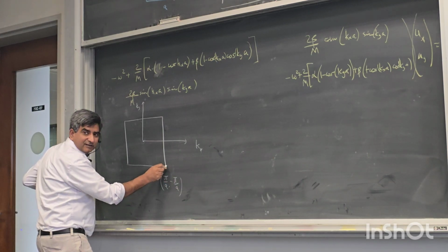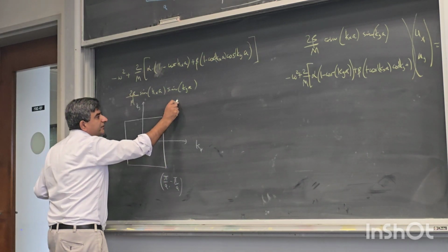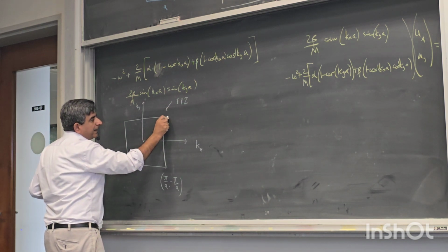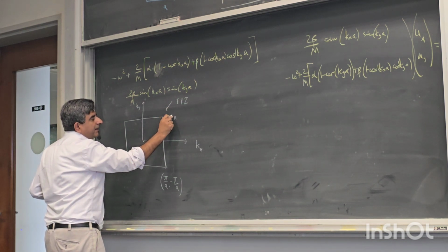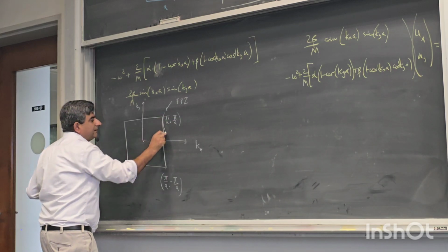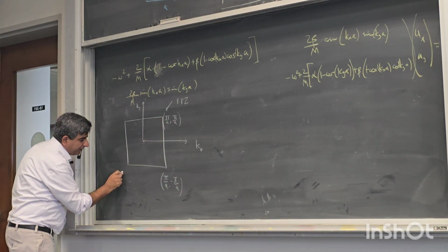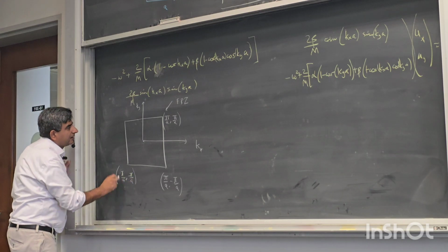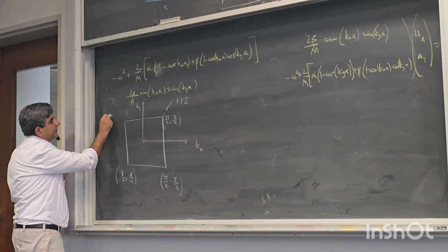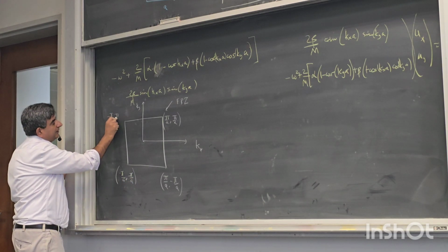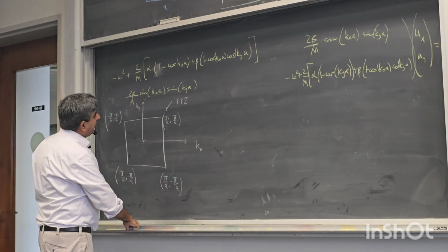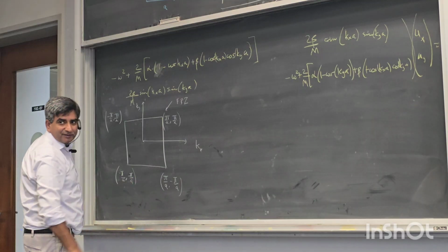That's this point here. Remember, this is the first Brillouin zone. This point is pi over a, minus pi over a; minus pi over a, pi over a. So I've drawn the Wigner-Seitz cell in the reciprocal space, and this is just a square.